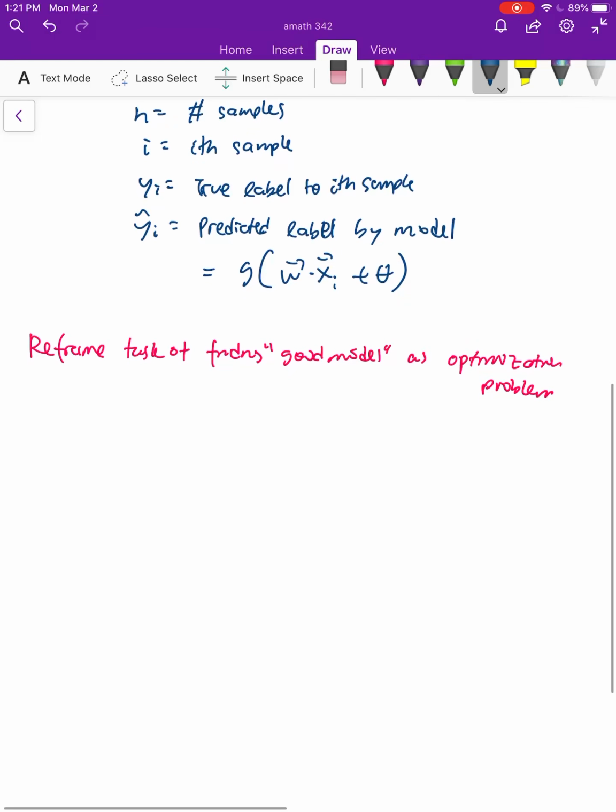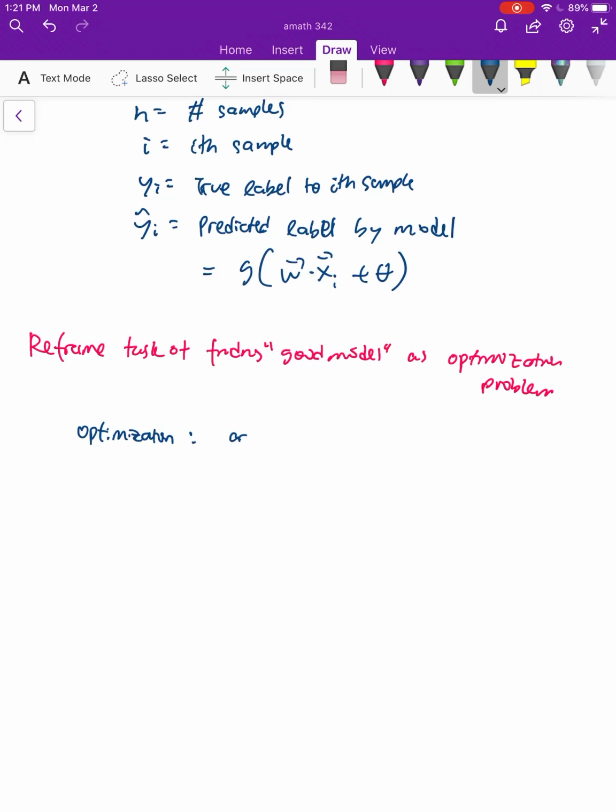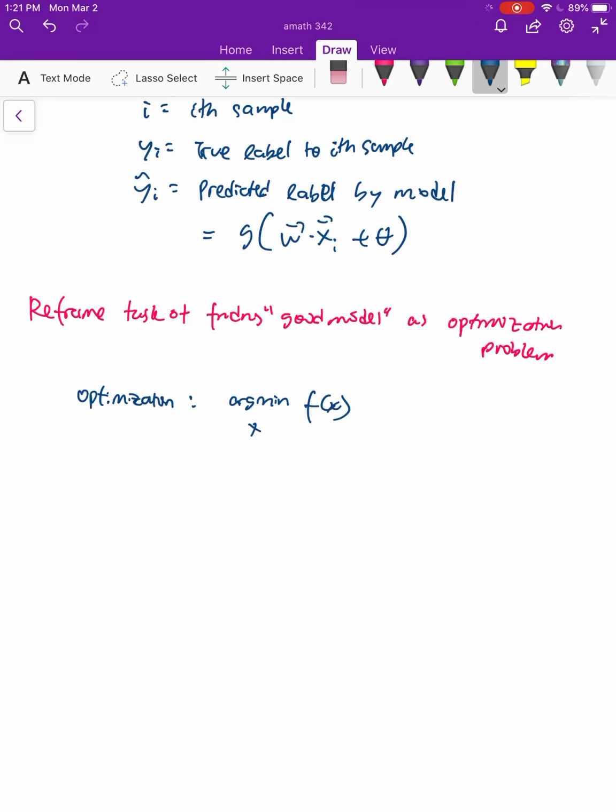What's an optimization problem? If you have not seen this before, you probably have seen it in your calculus class. You're trying to find the parameter that minimizes a function f(x). Well, in this case, we are doing the same thing. We want to find the best model parameters that minimize our cost function.